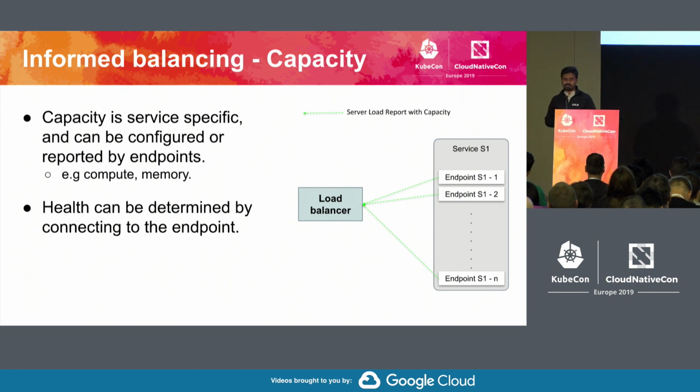I believe an open source implementation for this exists, at least in C++. I'm not sure about other languages, but this is something you can use to provide more information to the balancer such that the load balancer can make better decisions based on endpoint capacity and provide those to your clients.